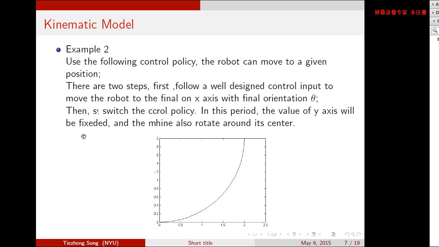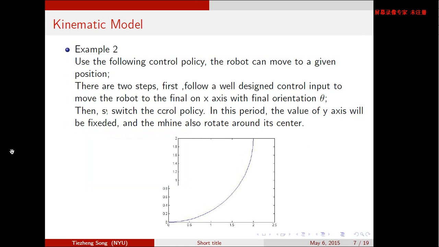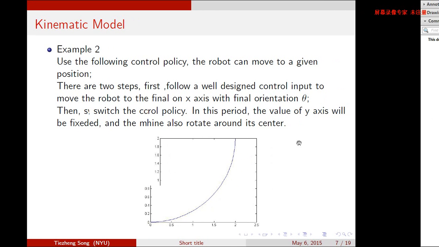At some point, the control policy will need to be switched, and in the second period, the value of y will be fixed, and in the end we can get the right configuration.